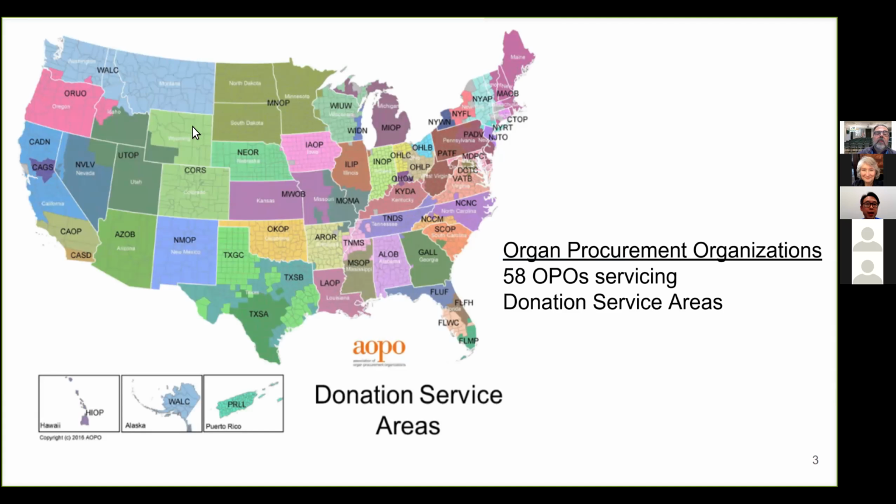As you can see in this map, the boundaries of each organ procurement organization, or OPO, were drawn decades ago, and they're based mainly on population density considerations. So higher density states can have several OPOs. For example, California has 4 OPOs, whereas in the Northwest, there is 1 OPO that covers all of Montana, northern Idaho, most of Washington, and it actually also takes care of Alaska.